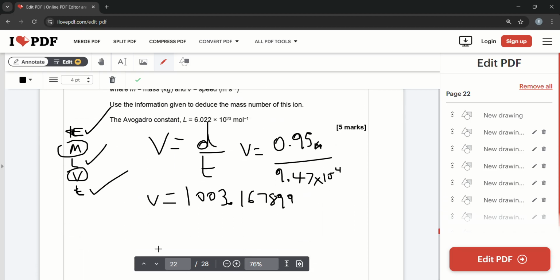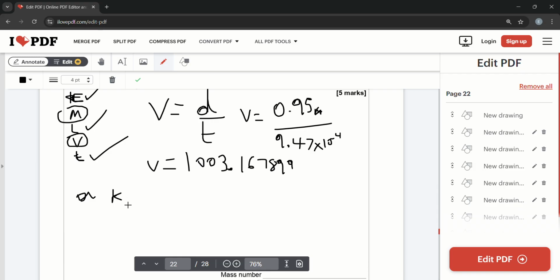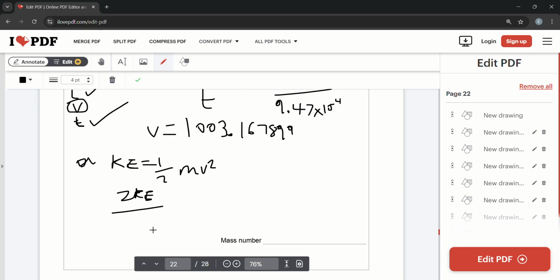Now we rearrange this equation, KE equals a half mv squared. 2KE over velocity squared equals the mass. That's what we're trying to find.